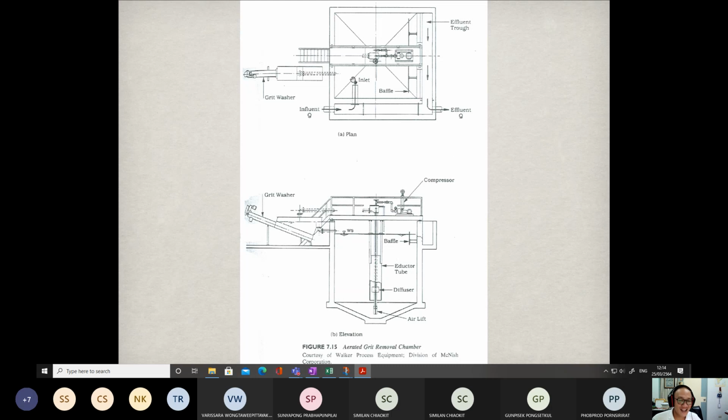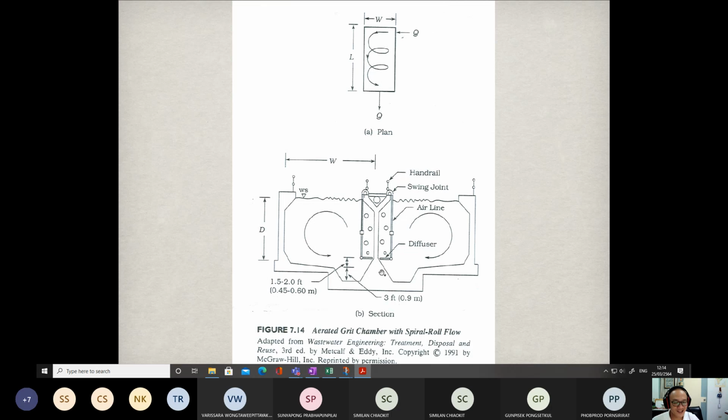The flow gets in through the inlets and moves like this before getting out through the effluent pipe. So these are other forms of aerated grit removal chambers. This is a vertical type, but this one is the horizontal type with a spiral roll flow.